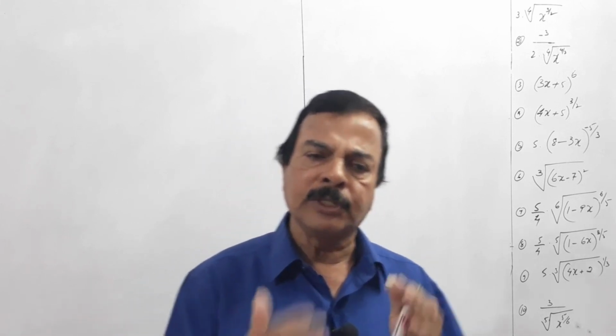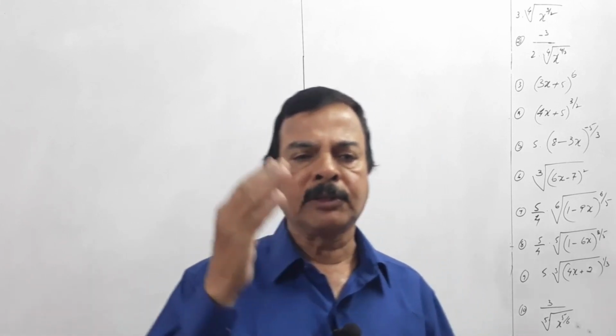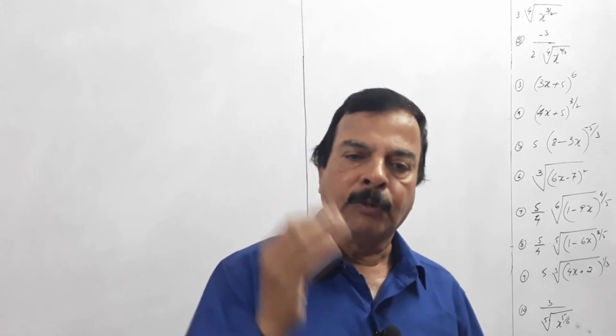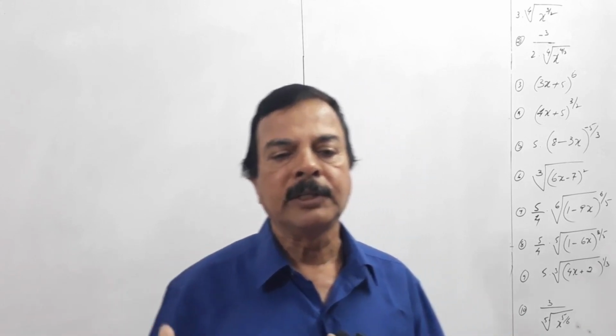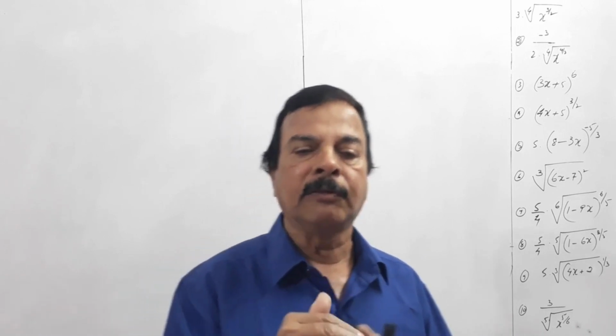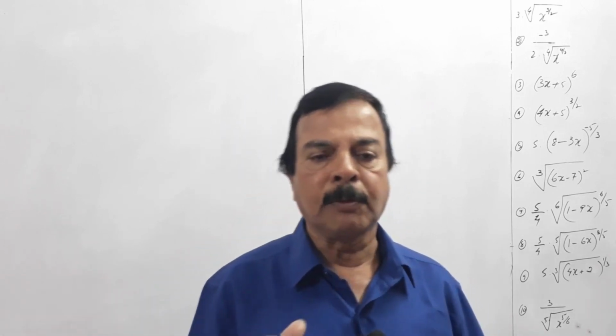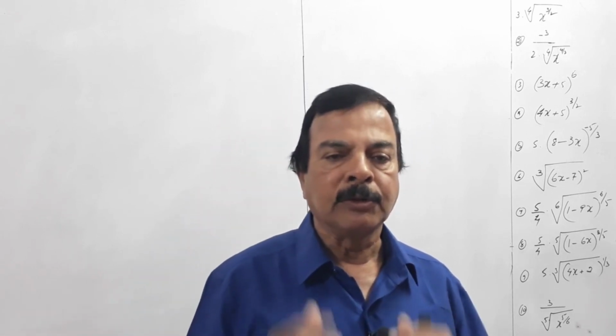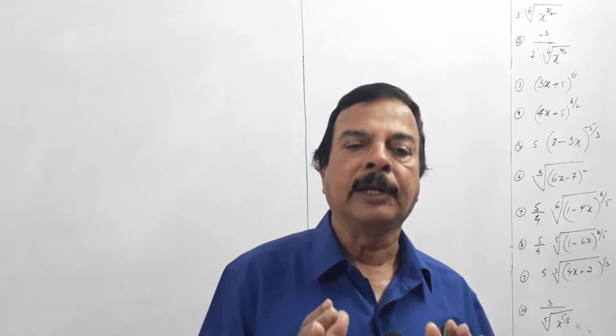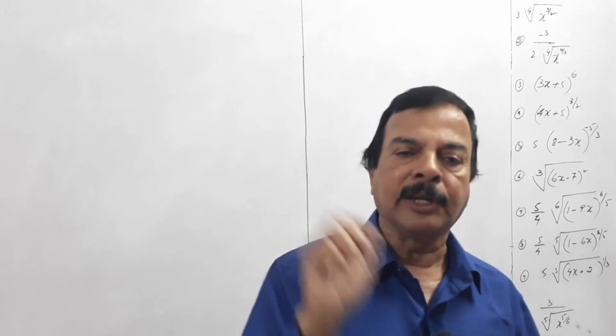These are also similar to d by dx of x to the power of n and d by dx of 1 by x to the power of n, both are identical. So here also we will be shifting this denominator to the numerator with a negative sign. So more or less they are identical with little bit of changes at the negative sign.